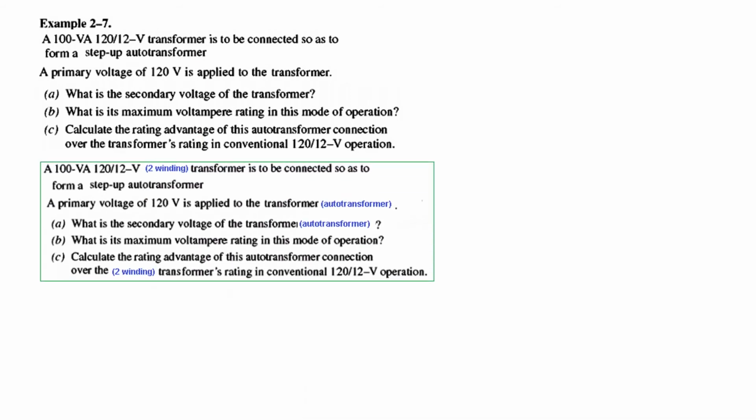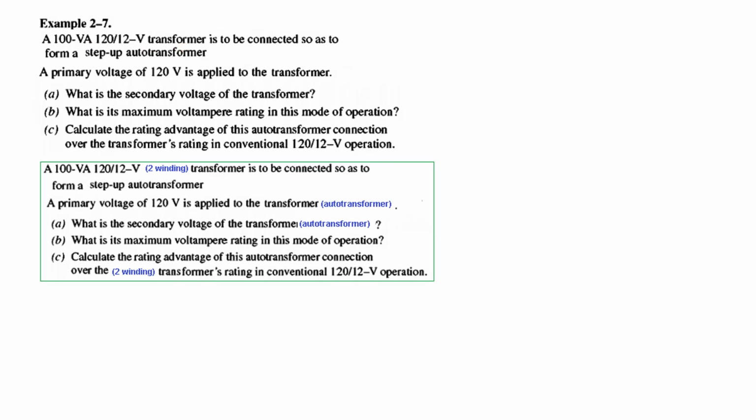Okay, now we come to example 2.7. So this is the question given. Now this is not very clear, so to clarify the question I have rewritten it and incorporated some terms here. First of all, it is saying a 100 volt ampere 120 by 12 volt transformer.